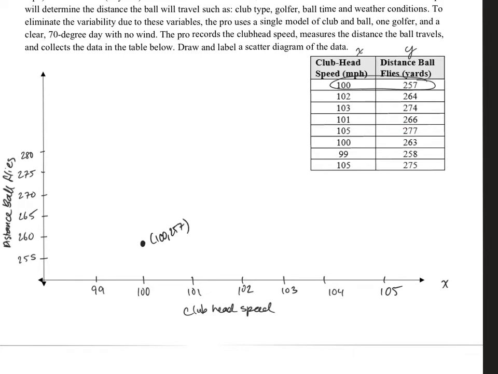Go ahead and try to plot the other points by yourself and check back in with me in a second. Alright, the next one we have is 102, 264, about there. Next one, 103, 274, about here.